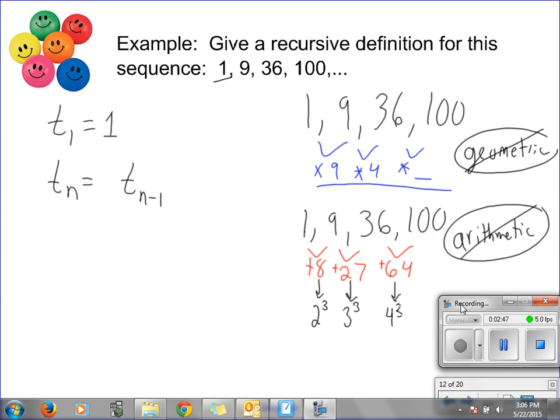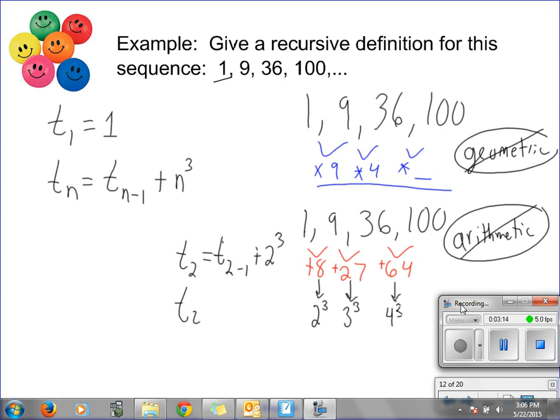If we combine that together, it seems like we're looking at t sub n minus 1 plus n to the third power. But let's check that and make sure we're comfortable with that equation. If 9 is the second term, it would be t sub 2, which would equal t sub 2 minus 1 plus 2 to the third power.